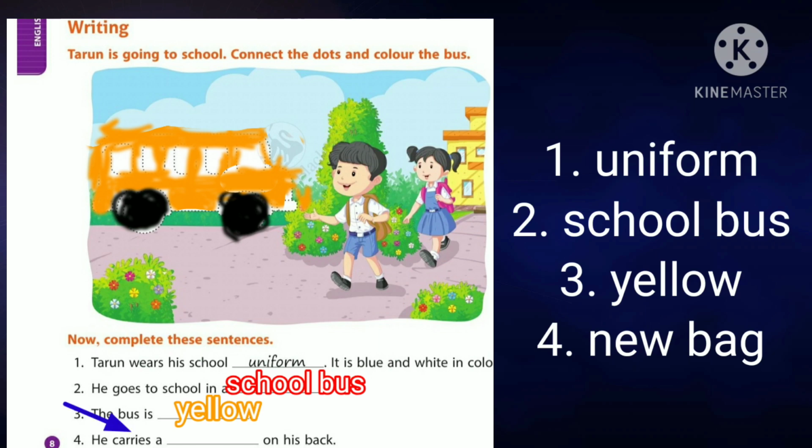He carries a dash on his back. Yes, he carries a new bag on his back. What is the spelling of new bag? N-E-W, new. B-A-G, bag. He carries a new bag on his back.